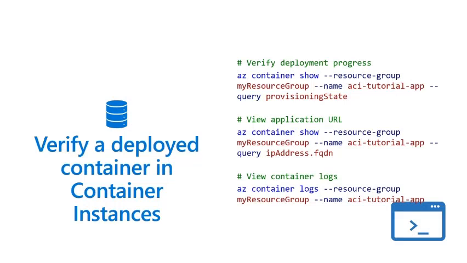And now to view the application URL, with the same command, just change the query to ipAddress.fqdn. This shows you the FQDN, or the application URL. Then to view the container logs, you simply say az container logs with the resource group and name of the container. Very simple.